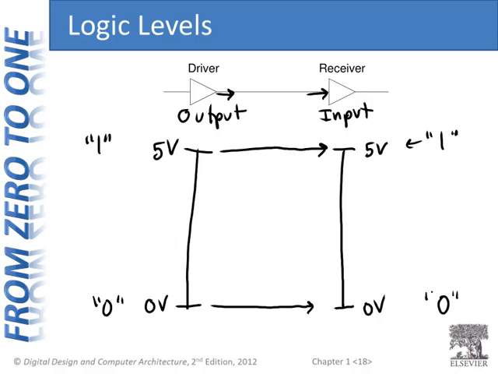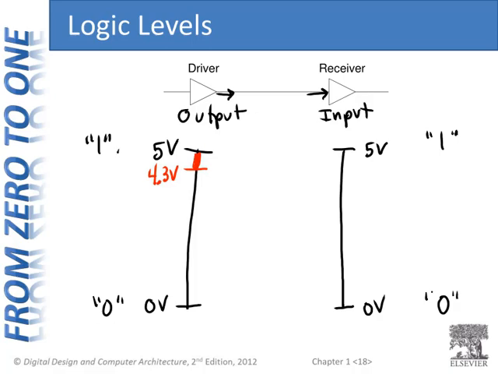Okay, we're all good. But what about the non-ideal case, where the driver outputs, instead of 5 volts, something not quite as good. Maybe it outputs 4.3 volts. Gosh, that wasn't great, but kind of close to 5 volts.